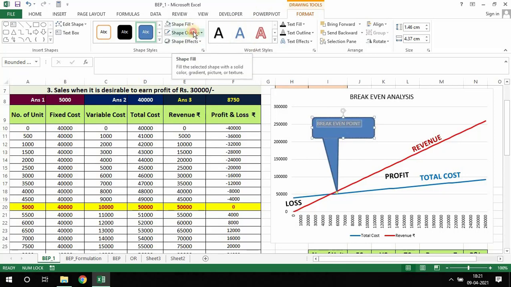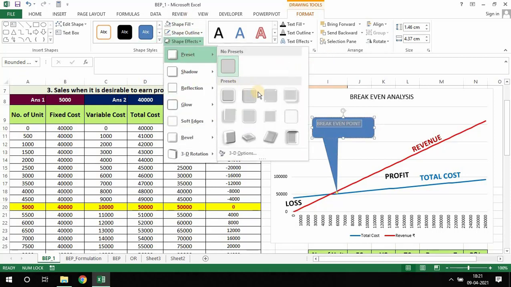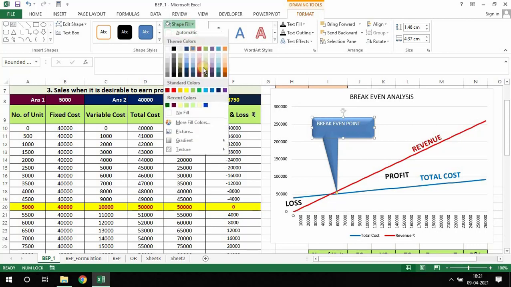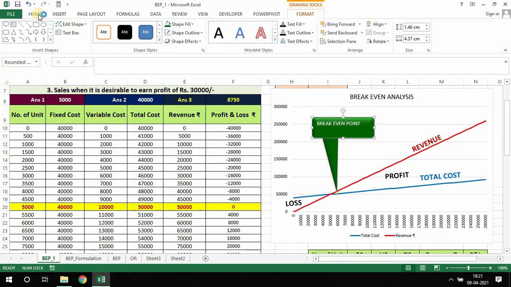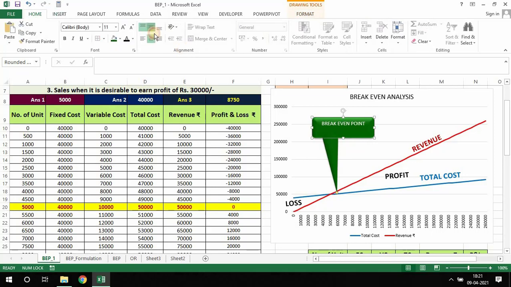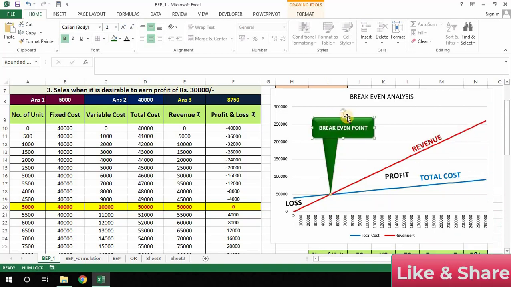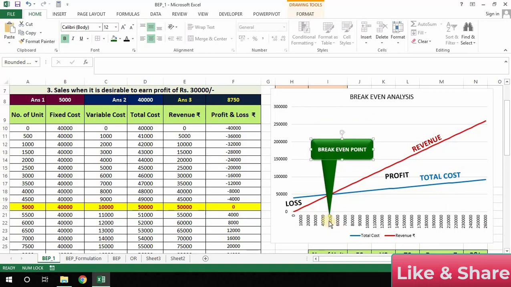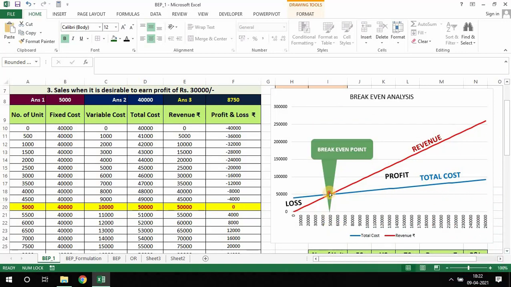And shape outline, no outline, shape effect, choose any effect you want, then green, center, bold. Okay, so this point, and so here you are done now.